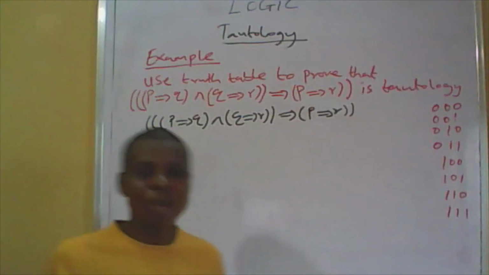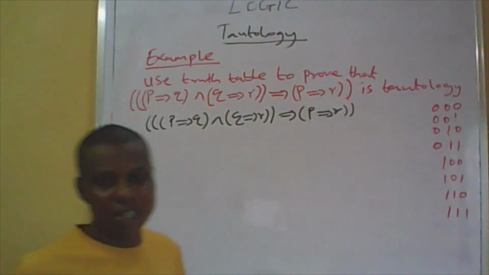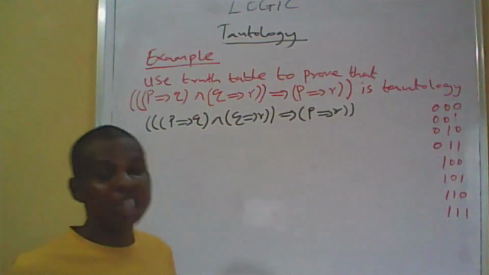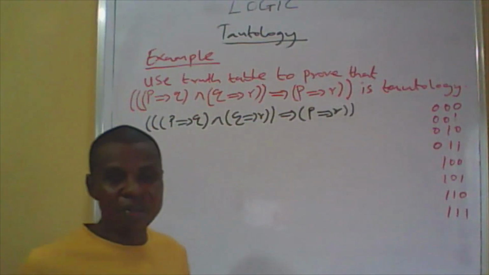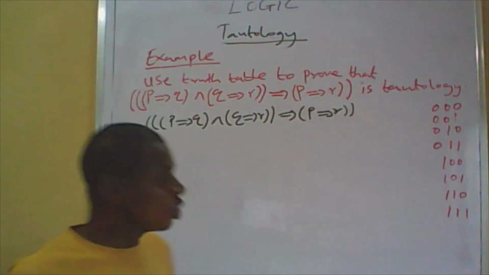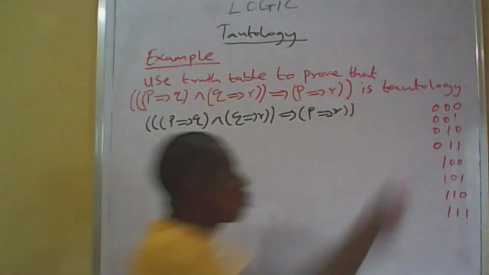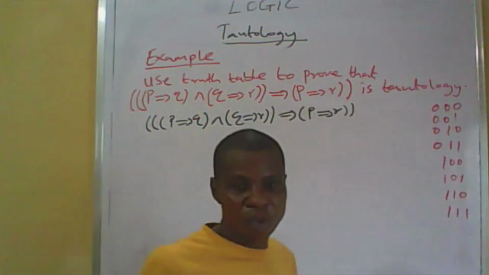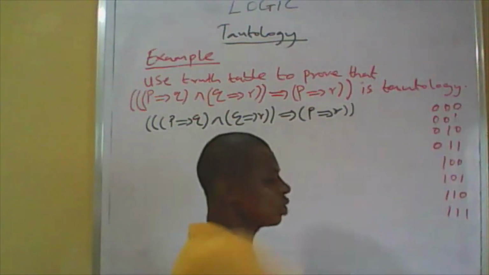But here you know that we are using T and F as our truth values. So anywhere we see 0, it is F. Anywhere we see 1, substitute with T, truth. You can start from lowest to highest, but here we want to start from highest to lowest.